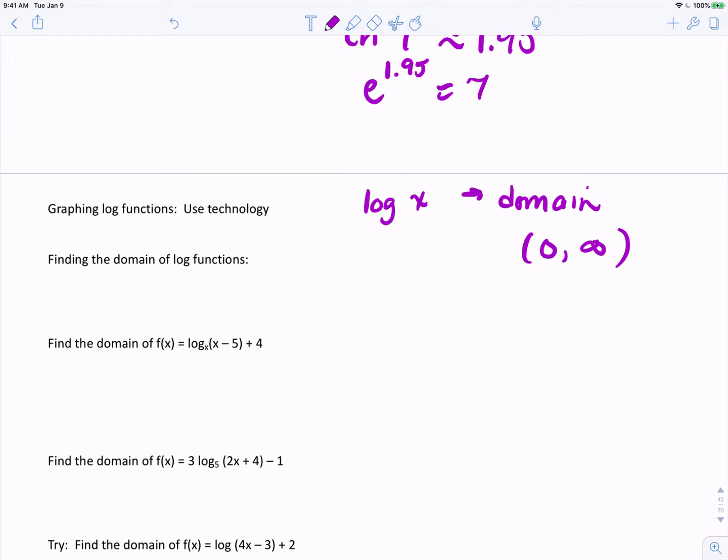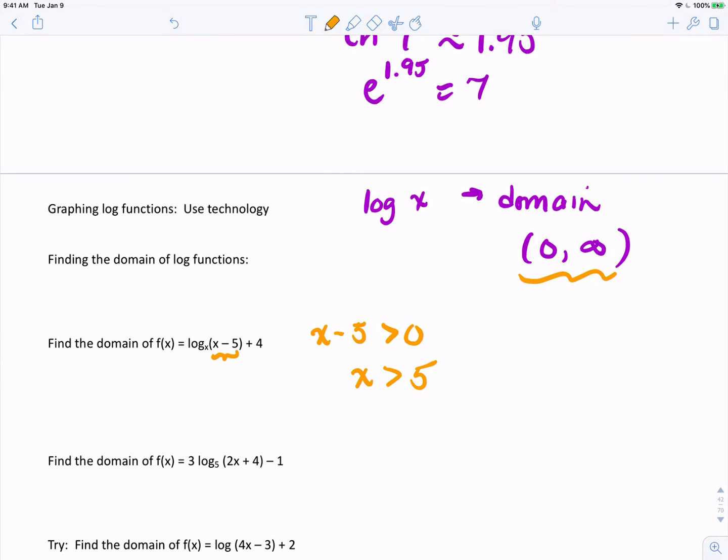If we're asked to find the domain of a log function, we know that what we're taking the log of must be greater than 0. So x minus 5 must be greater than 0. In other words, the domain has to be positive numbers, and so the domain would be x is greater than 5.